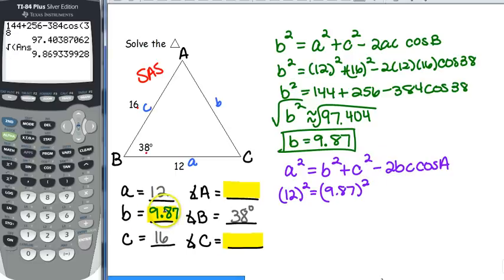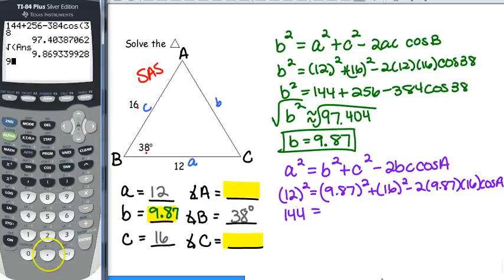So we're going to use the value that we already found, plus our C squared minus 2 times 9.87 times 16, and that's cosine of angle A. We have our 12 squared, that's 144, and we have 9.87 squared. We're going to write that entire number down.